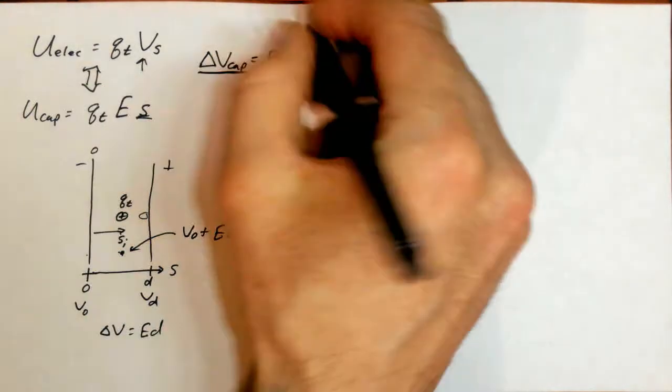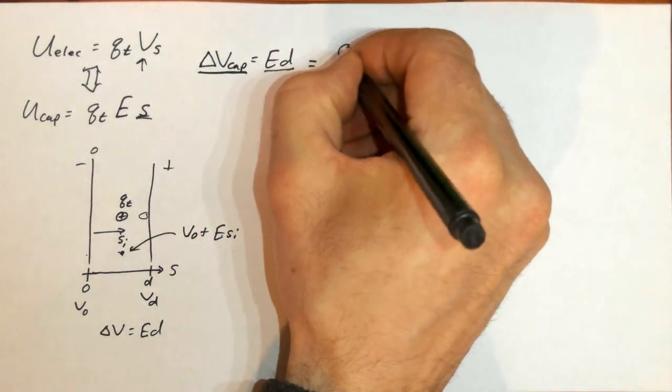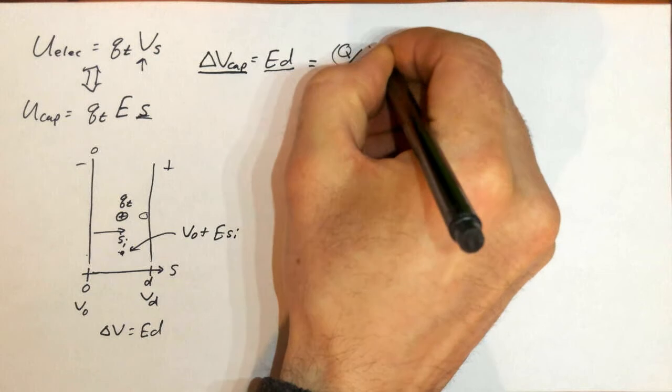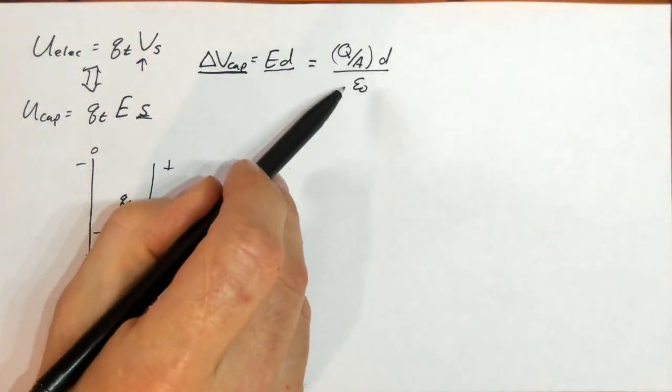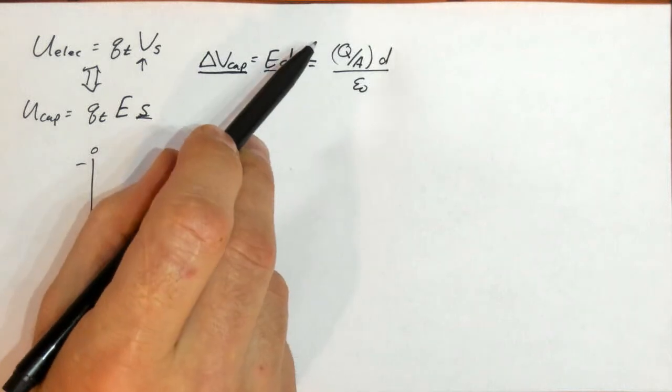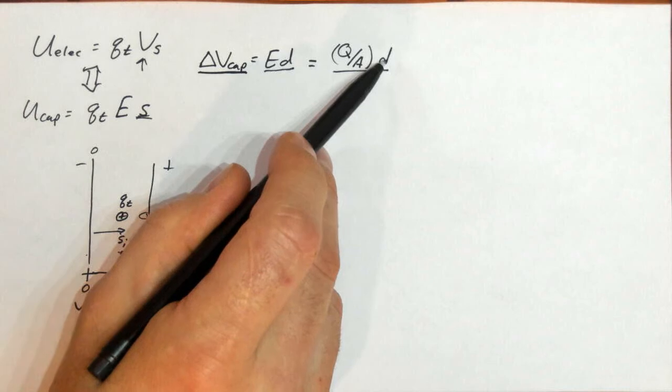Now let's take this a little further, because we know that Q over A over epsilon 0 is the electric field of a capacitor. And so now we have the potential across the capacitor.